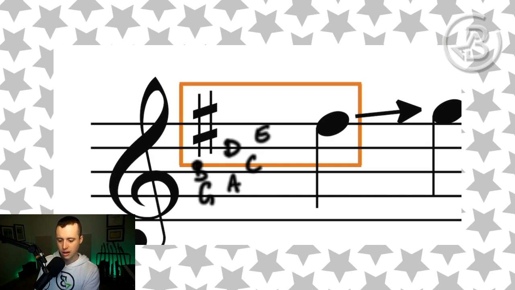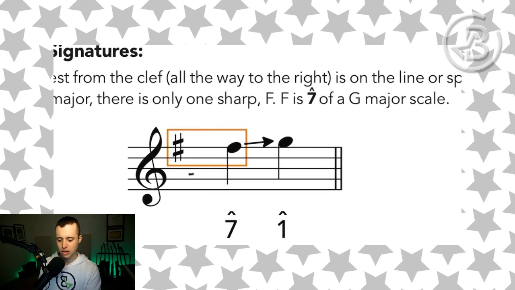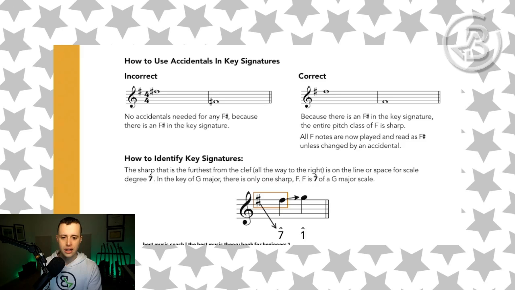There's an E, and there's an F, but the F is sharp. If that way doesn't quite make sense to you, don't worry about it. Just think about this sharp as being on the line for scale degree 7. Scale degree 7 is F sharp for a G major scale. So that's how we know that whenever we see one sharp in the key signature, we are in the key of G major. I will see you in the next lesson.